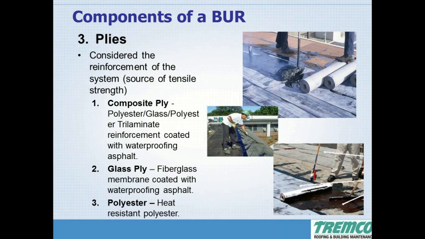Basically, it's a polyester glass, polyester tri-laminate reinforcement coated with a waterproofing asphalt. So it's not just your typical glass, which we're going to get to next, but it's actually reinforced glass with polyester. It's a reinforced glass and polyester scrim coated with a waterproofing asphalt.